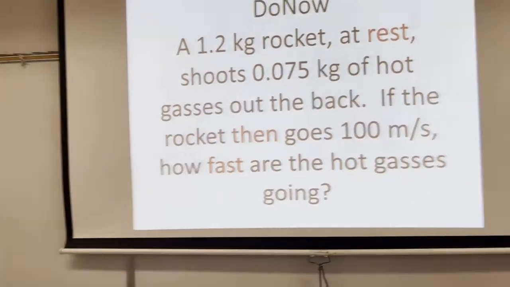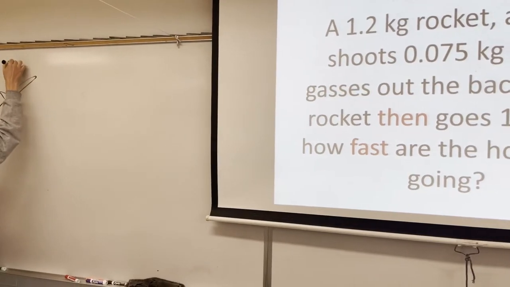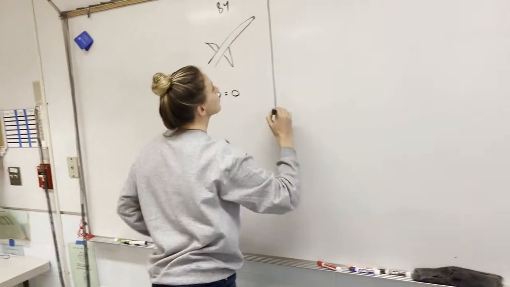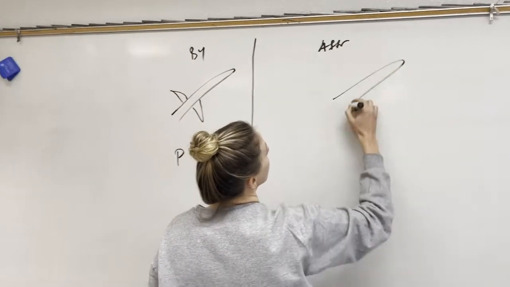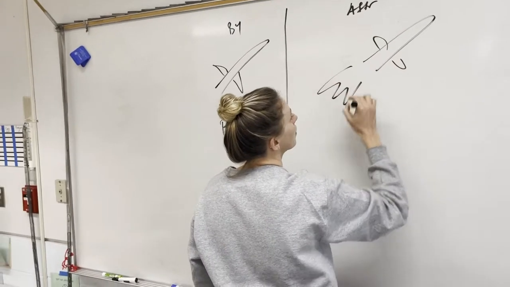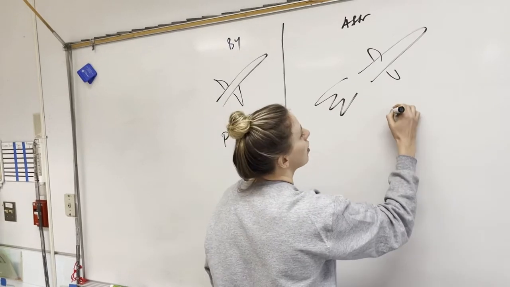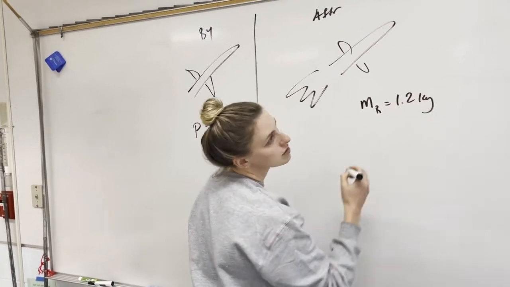So in the beginning we have the rocket. This is before, and our momentum is equal to 0. It's not moving, right? And then after, we have the 1.2 kilogram rocket, so the mass of the rocket is 1.2 kilograms.